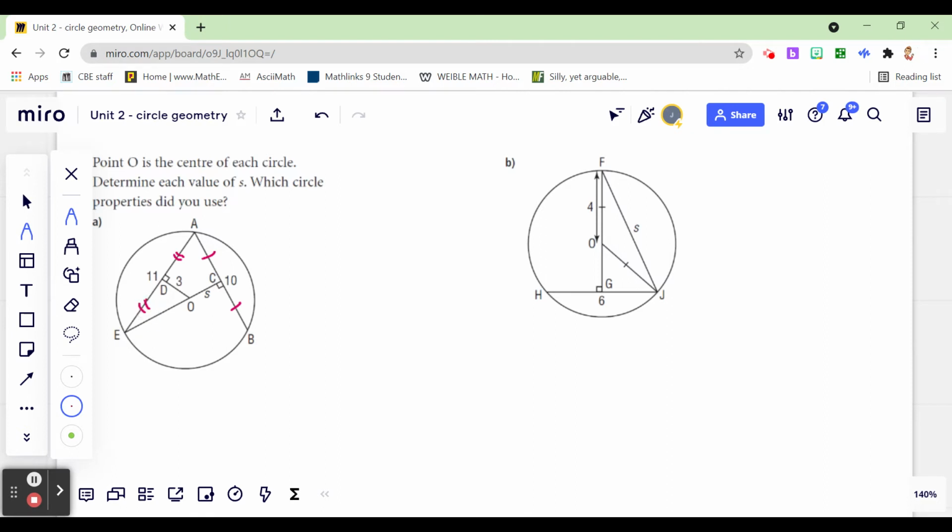So right away I know that this side is 5, this side is 5. A key part of doing these questions is writing down as much as you can about the question, even if it doesn't automatically apply, and then maybe it'll help you.